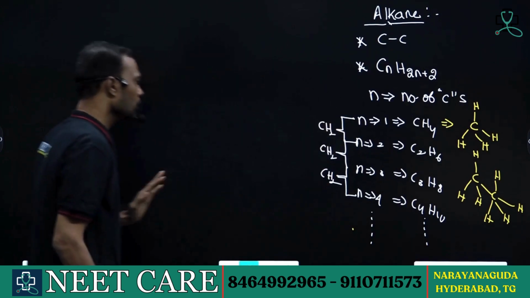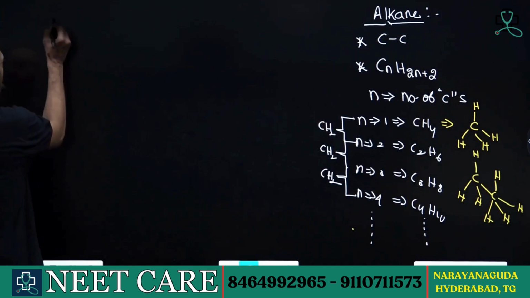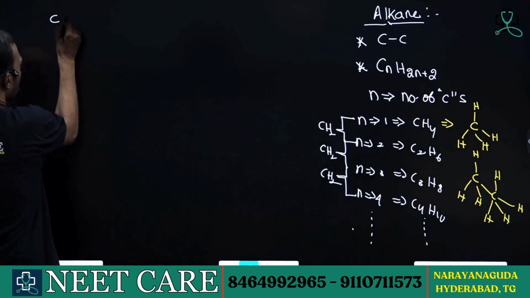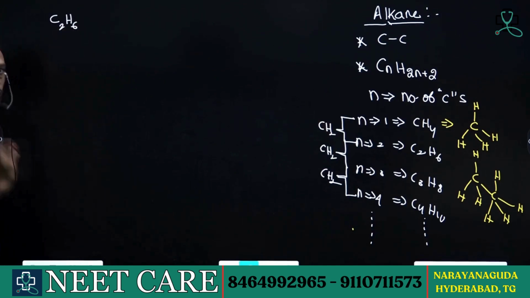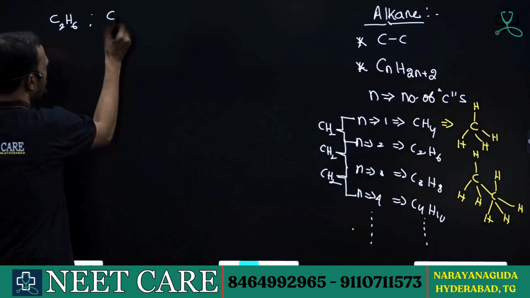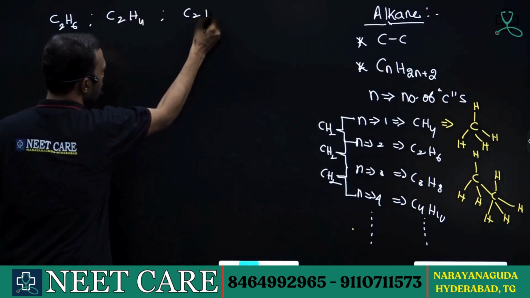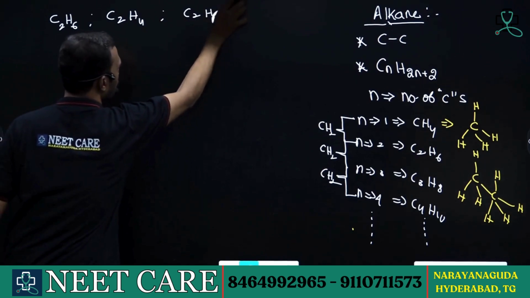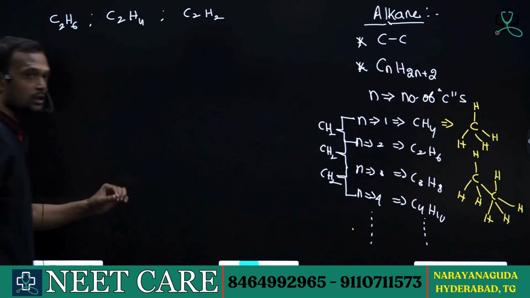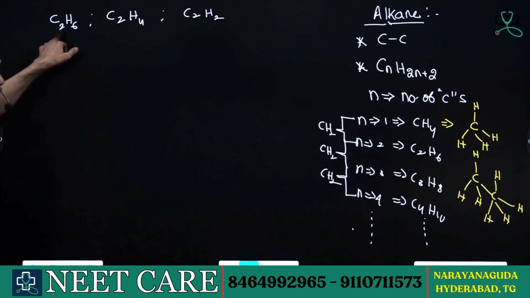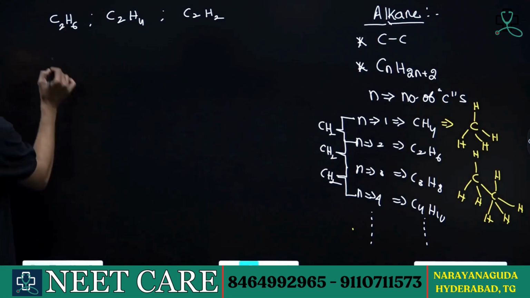Now I would like to say, suppose carbon has the molecular formula C2H6, this is generally an alkane. Now I am writing one more unit, C2H4, followed by C2H2. What is the common thing you observed if you start with an alkane? C2H6 is nothing but an alkane.